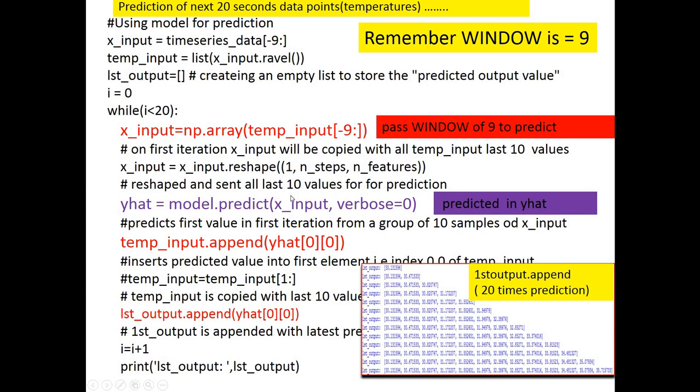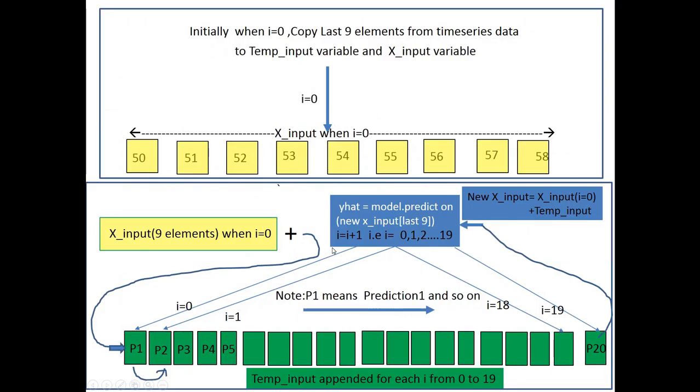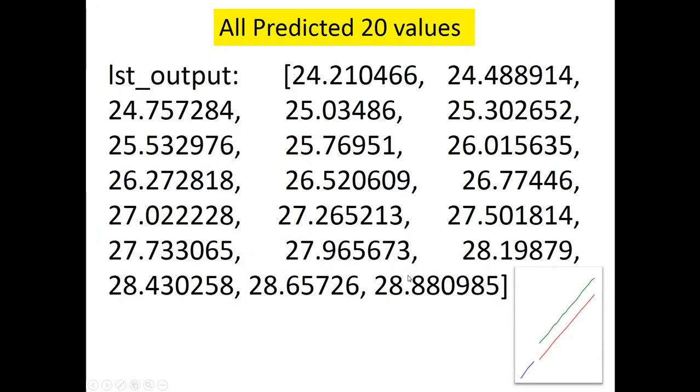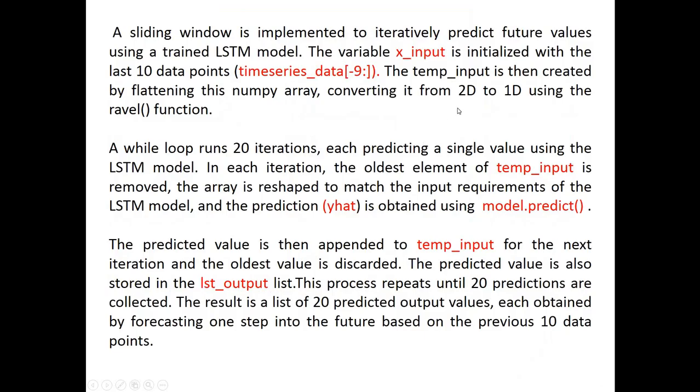You can see that the entire process I explained here can be understood easily from this program. Now, these are all the predicted 20 values, which are stored in first output and can be simply plotted. That is the red line. This explanation is the same as what I showed earlier.